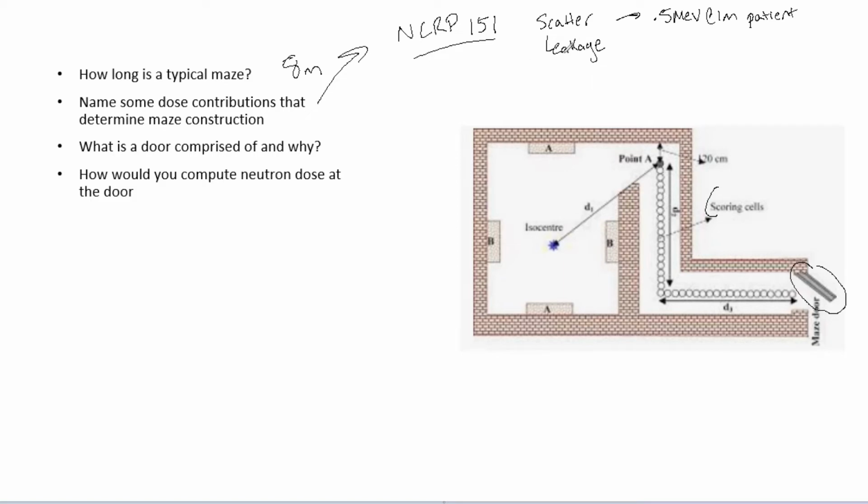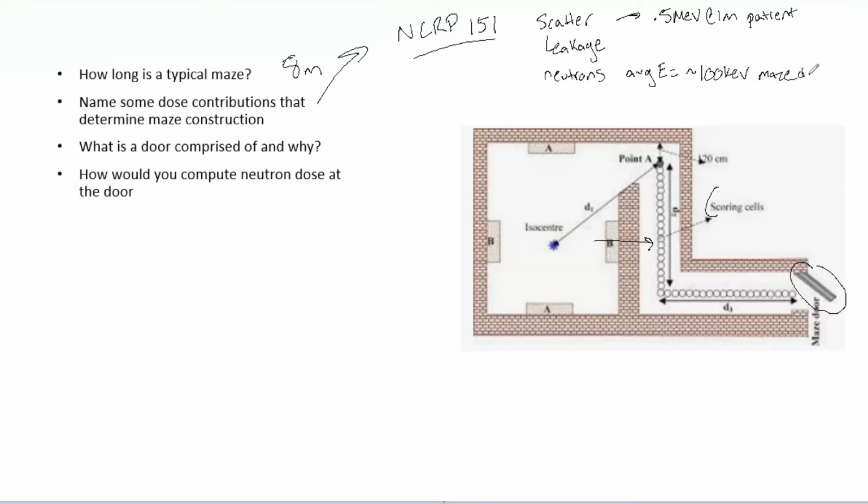Then you have your head leakage, as I mentioned, but not only just from that, but you have the head leakage that is going through the maze wall right here. Then finally, you have neutrons, which are extremely important, which we will discuss further here. And again, this varies, but the average energy of a neutron is approximately 100 keV at the maze door.